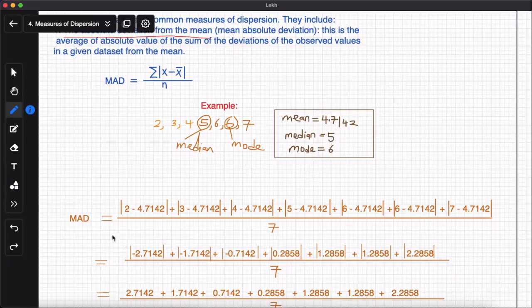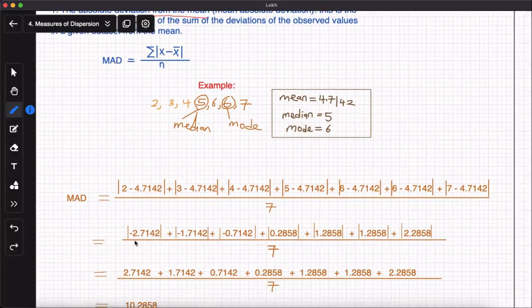So using the mean, 2 minus 4.7142, the next observation is 3, you remove the mean from that. 4, you remove the mean from that. 5, you remove the mean from that. 6, you remove the mean from that. You do that for the next 6, and then finally 7 minus the mean. So when you have done that, these are the results. These are what you'll be getting.